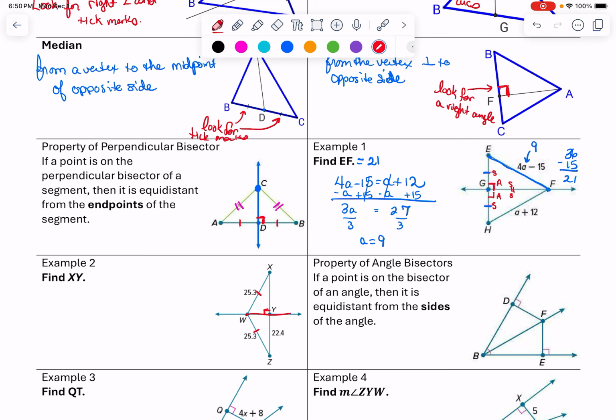So once again, if I have two congruent triangles by corresponding parts of congruent triangles, this side YZ has to equal the side XZ, so 22.4 is the distance between X and Y.